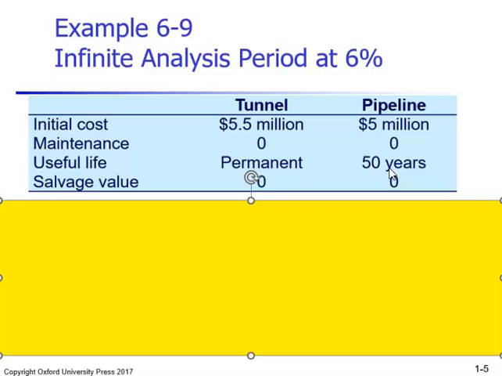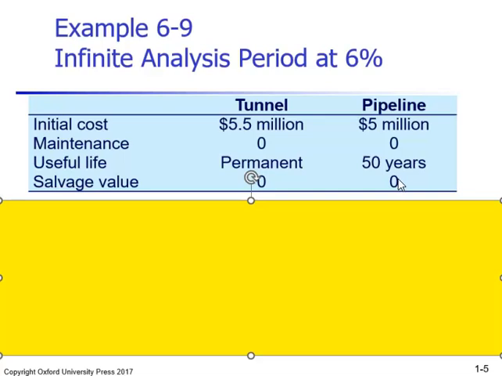So it means that at the end of 50 years, you need to spend another $5 million for the following 50 years, just under the assumption that all the costs and everything are the same, for example. And the salvage value is also 0.